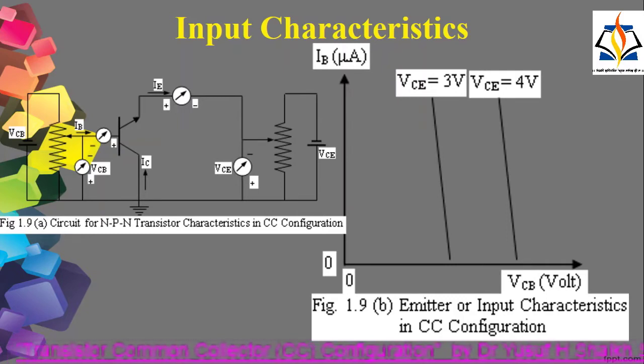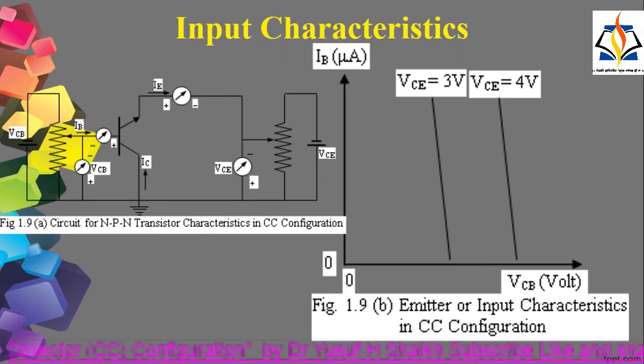A graph is drawn between the base collector voltage VCB taken along the x-axis and the base current IB taken along the y-axis. The procedure is then repeated for a different but constant value of collector emitter voltage VCE. Typical input characteristics are as shown in figure in this slide.